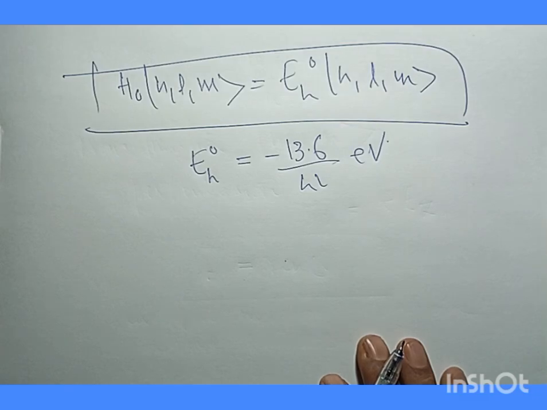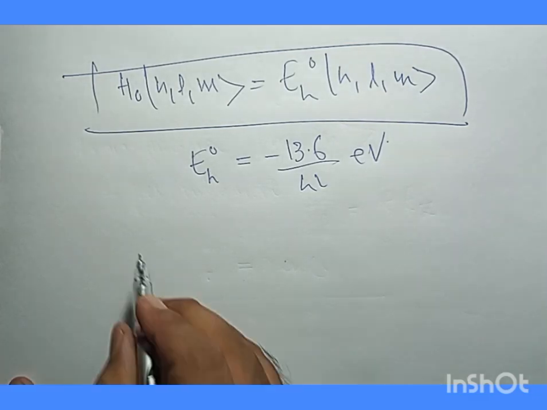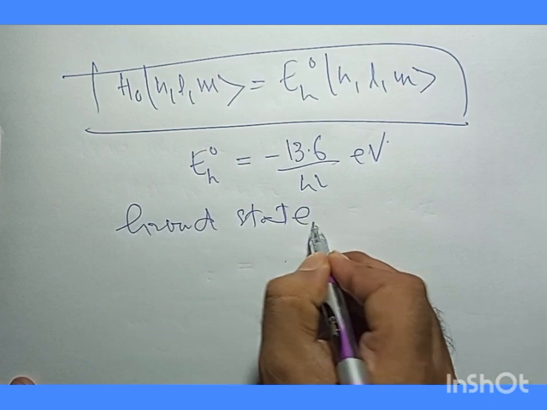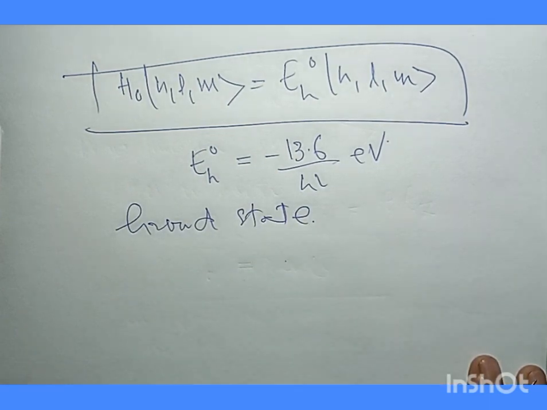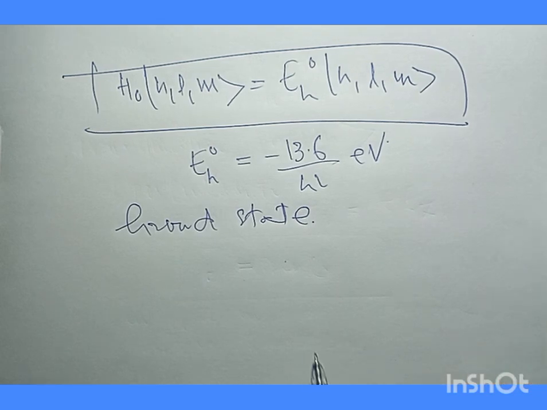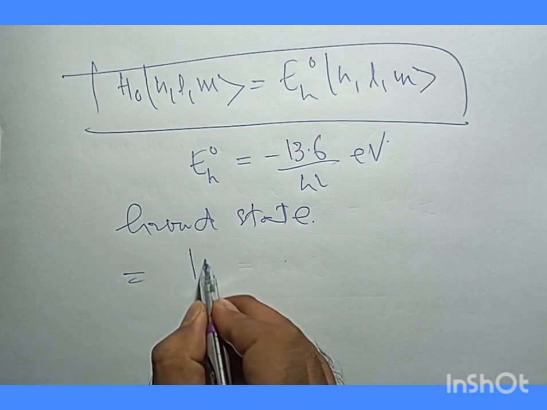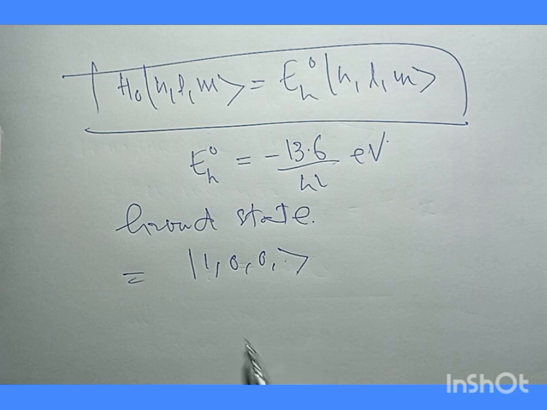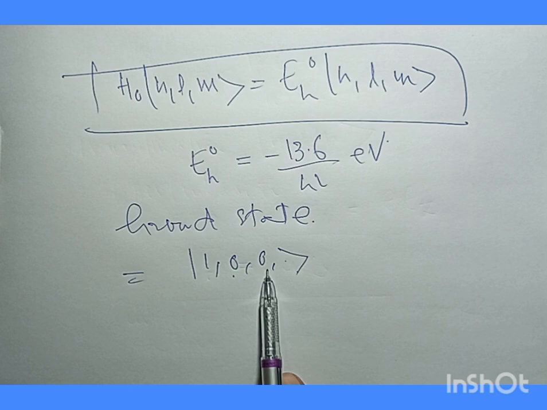For the sake of simplicity, we will focus on the ground state, since the point is to understand how the perturbation is introduced into the system. My ground state is 1, 0, 0, where 1 is n, 0 is l, and 0 is m.